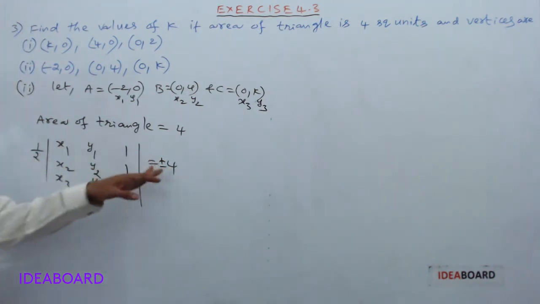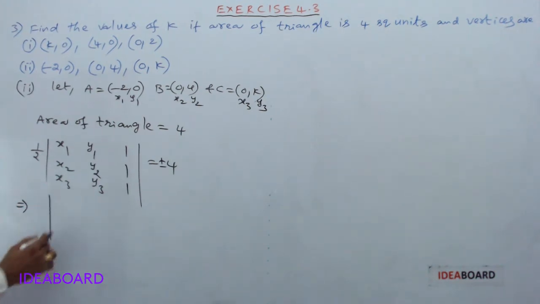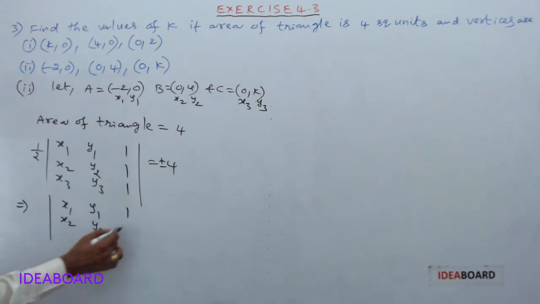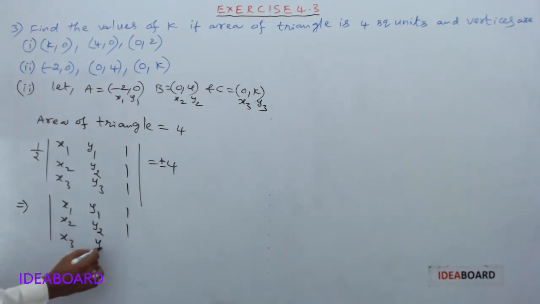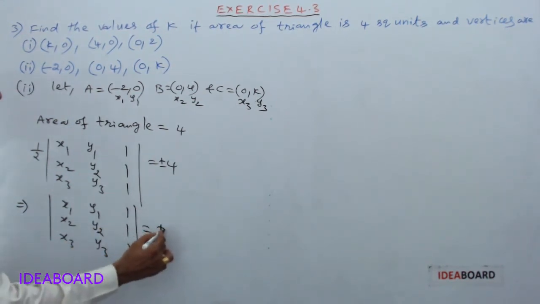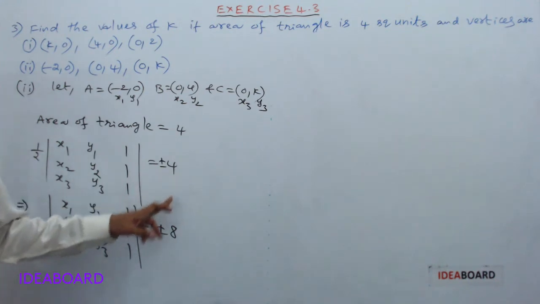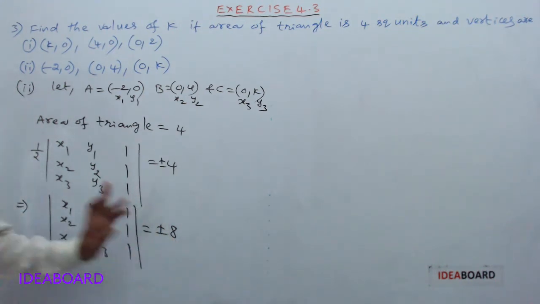Write 1 by 2 to the other side: the determinant equals 2 into plus or minus 4, which is plus or minus 8.